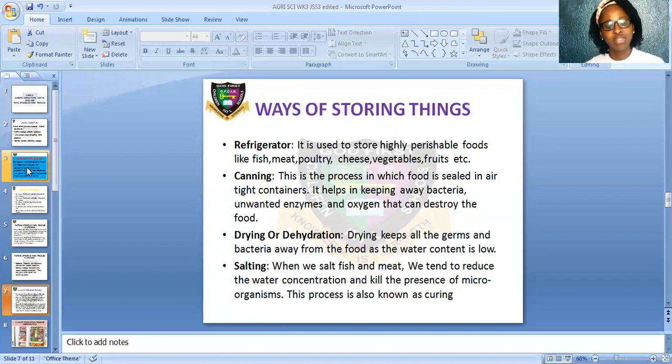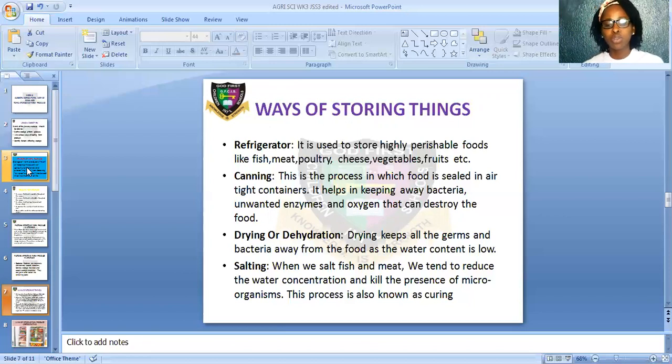We have another method, canning. This is a process in which food is sealed in airtight containers. It helps in keeping away bacteria, unwanted enzymes, and oxygen that can destroy the food.